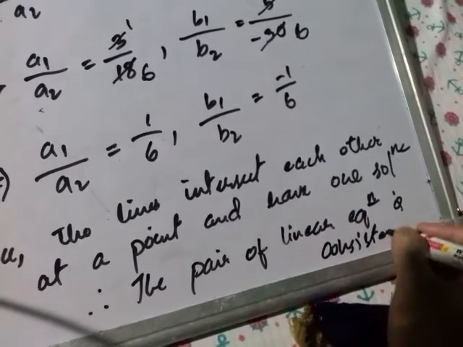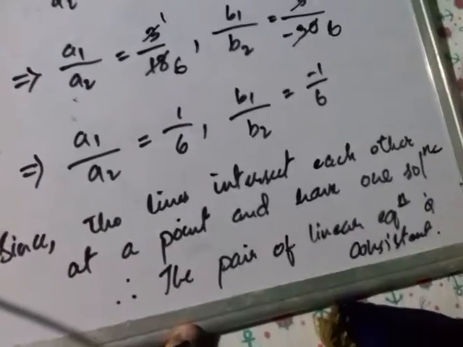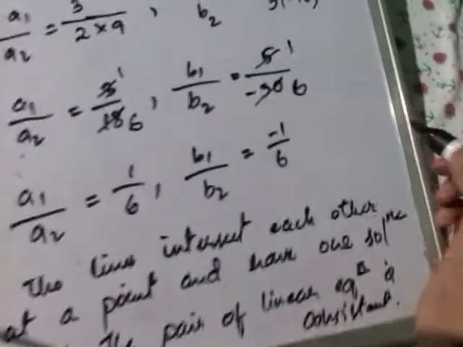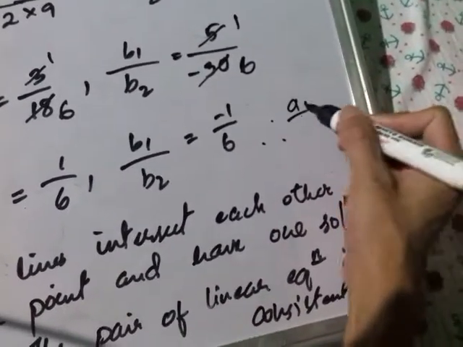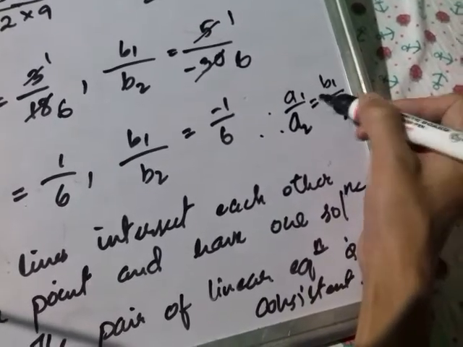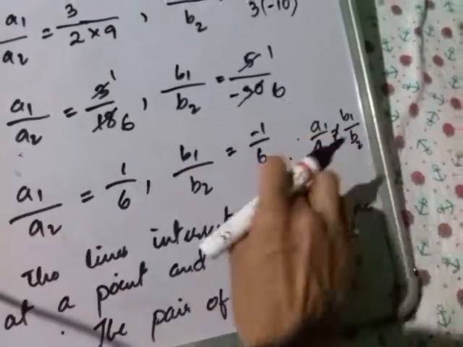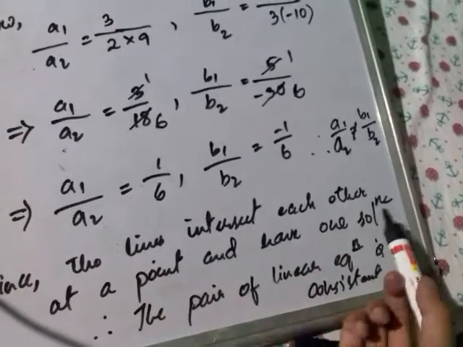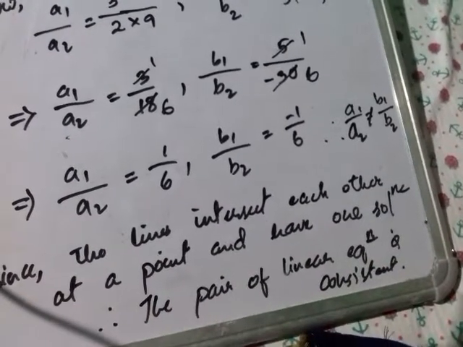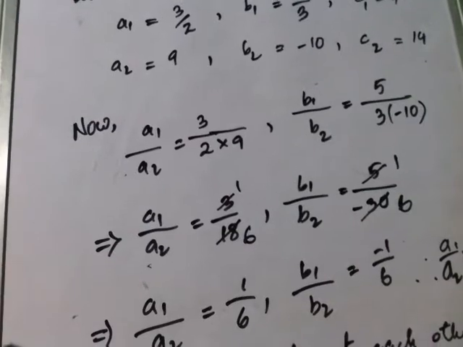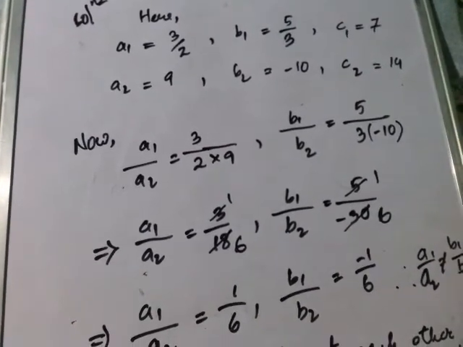So here it will be consistent, since a1 by a2 is not equal to b1 by b2, and you will write there: since the lines intersect each other at a point and have one solution, therefore the pair of linear equations is consistent. Like that you will do. Similarly you will do for Roman numbers 4, 5 and 2. These will all be your assignment.